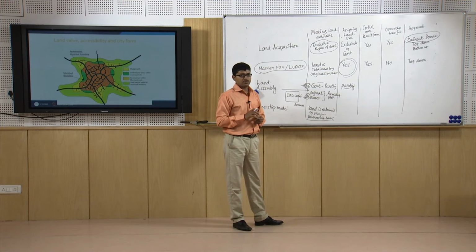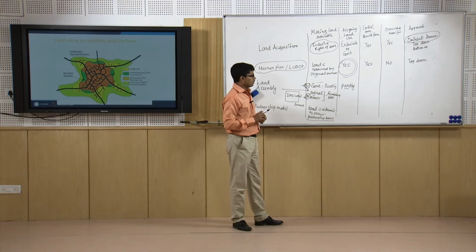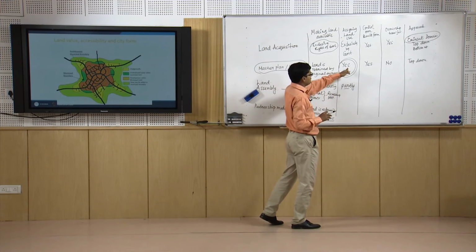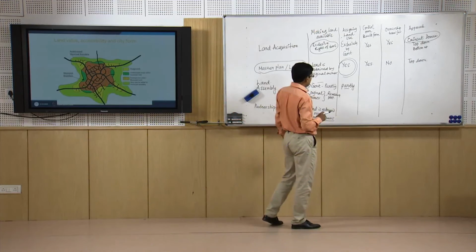But definitely some guidelines, like percentage of residential, percentage of commercial, are given. Definitely some incompatible or very hazardous land use cannot be there; those kinds of broad guidelines are given, but it is not very stringent. So the land use prescription is partly, not very stringent like the land use and development control plan.